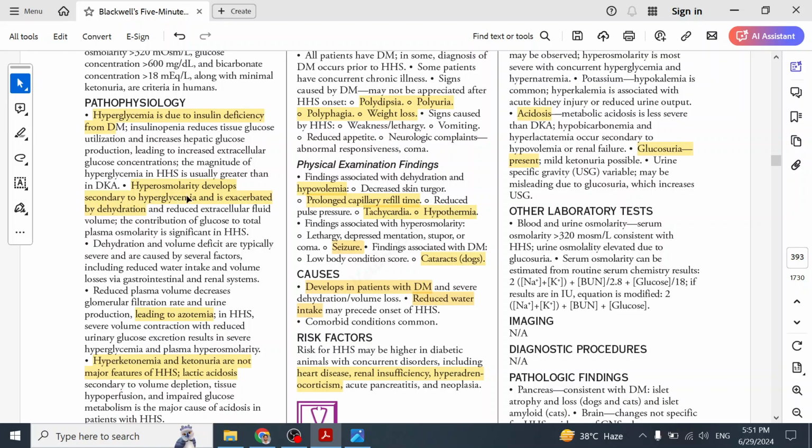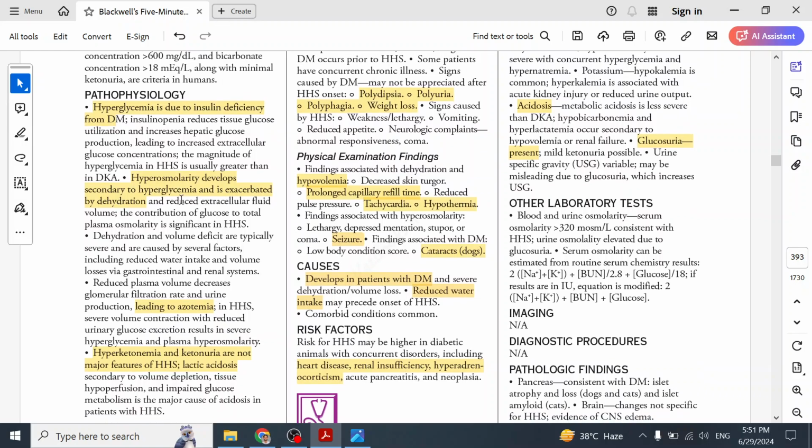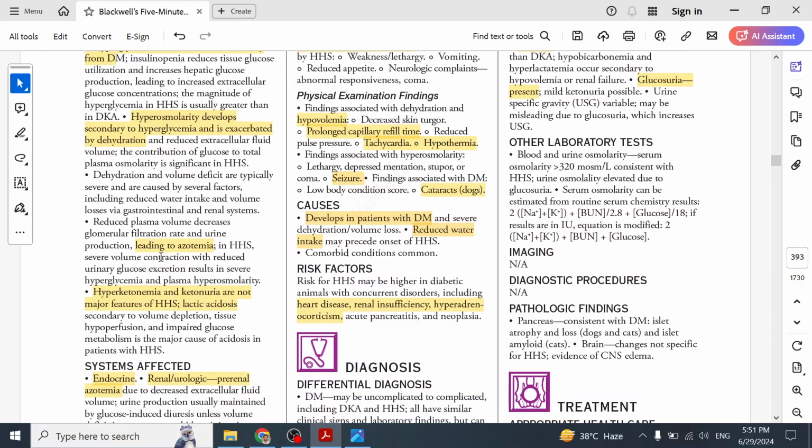Then hyperosmolarity develops secondary to the hyperglycemia and is exacerbated by the dehydration. Whenever hyperglycemia and hyperosmolarity occur, they lead to azotemia in HHS, which is also a prominent sign.